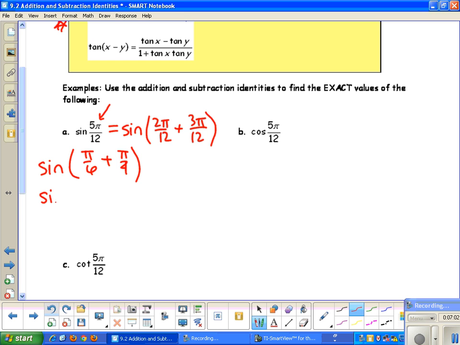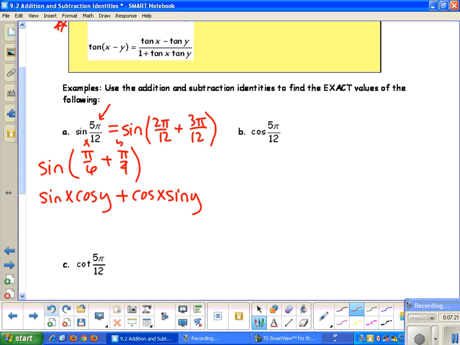I should write the identity out. So the sine, and let's call this x and this y, of x plus y is the sine of x times the cosine of y plus the cosine of x times the sine of y.